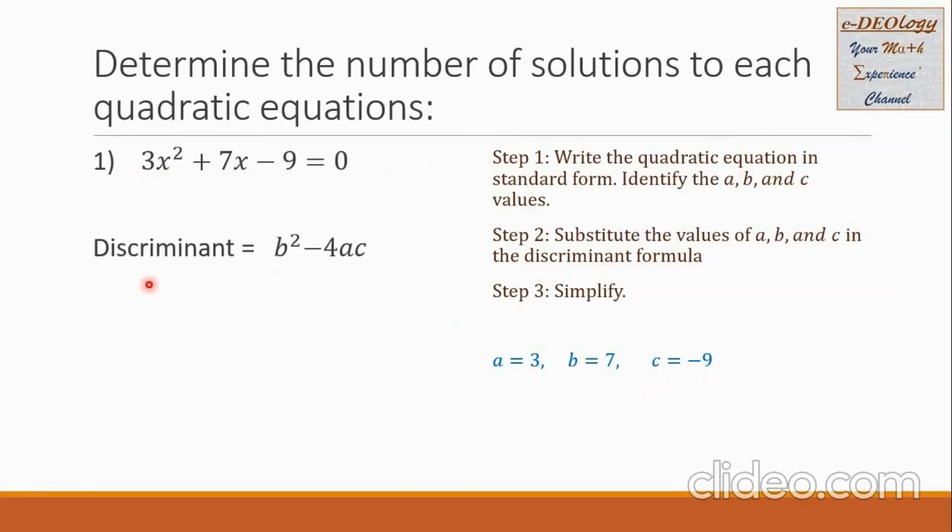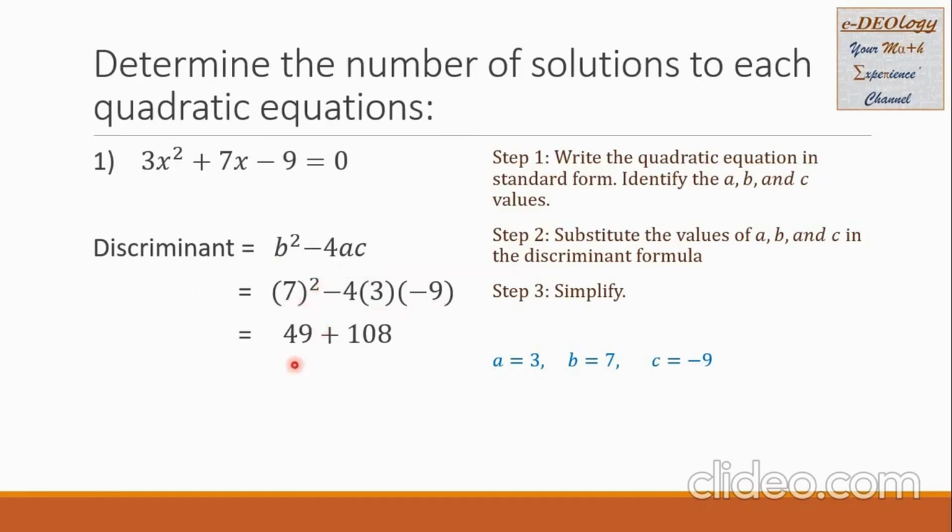Next, we will write the discriminant formula, and we will substitute the a, b, and c values. So the b squared is now the square of 7 minus the constant 4 times a, which is now changed into 3, times the c, which is now changed into negative 9. Then we will simplify.